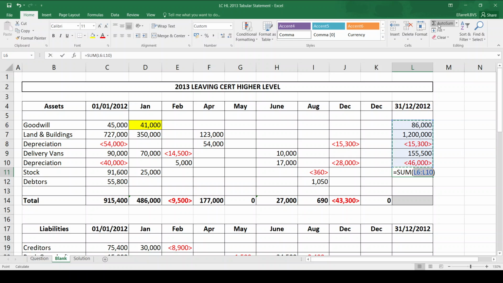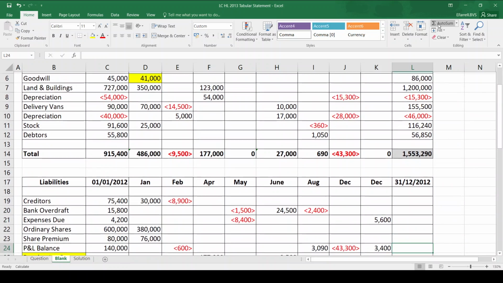Depreciation of vans minus 46,000. Stock 116,240. Debtors 55,800, and the total is 1,553,290.